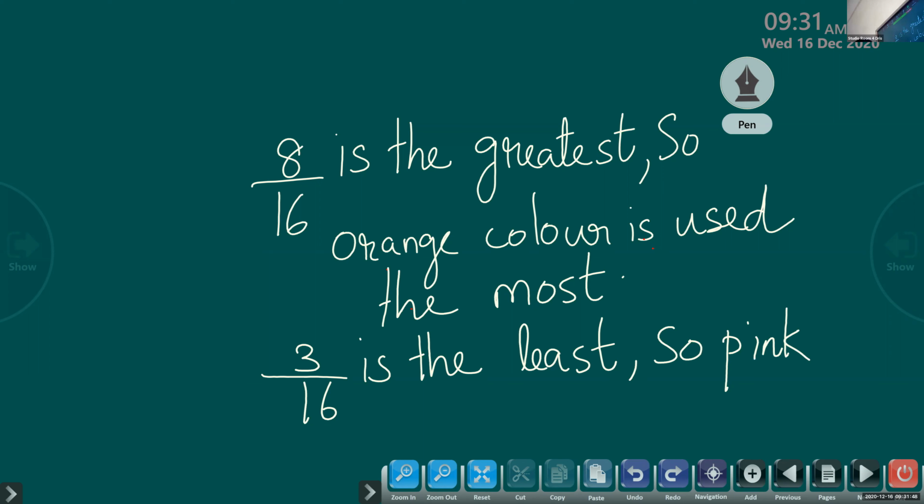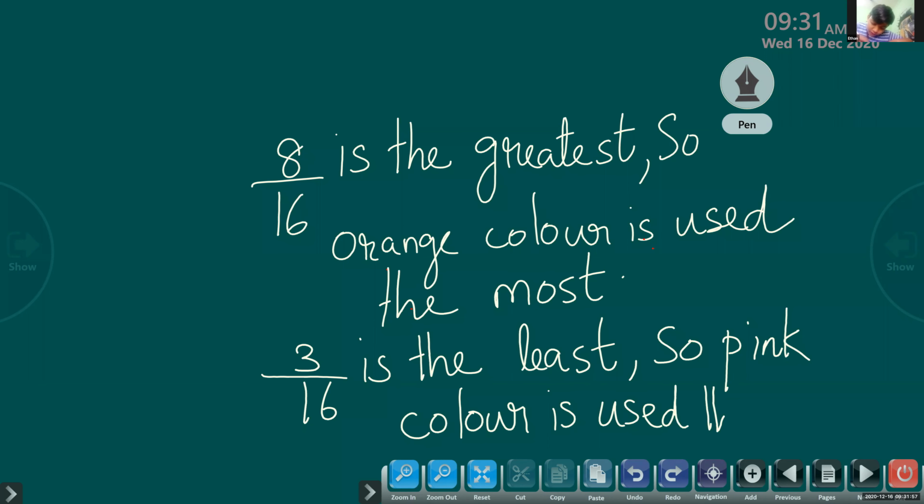So pink color is used the least. P-I-N-K, pink color. L-E-A-S-T, least. 8 by 16 is the greatest, so orange color is used the most. 3 by 16 is the least, so pink color is used the least.